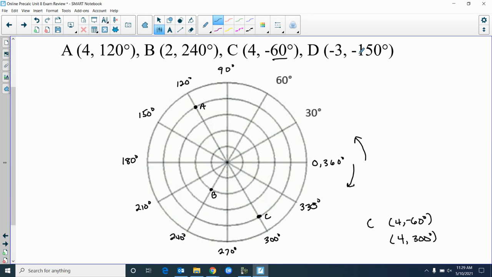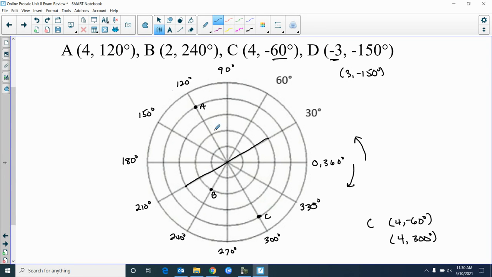D, (negative 3, negative 150). Okay, if you got a negative radius, think of it, first of all, as (3, negative 150). And so go 150 degrees clockwise, which would put me right here where 210 is. That would be negative 150, and you go out to 3. If it's negative, what you do is you go through the origin, and you go 1, 2, 3 on the back side right to there.